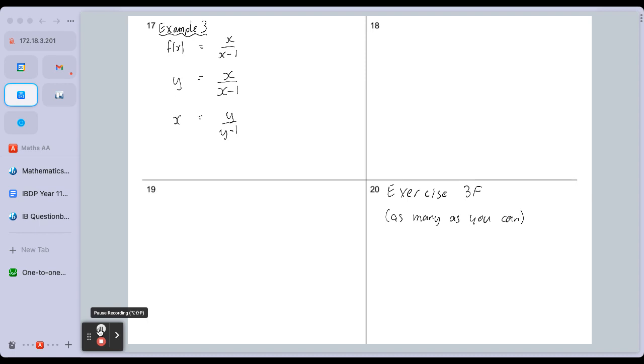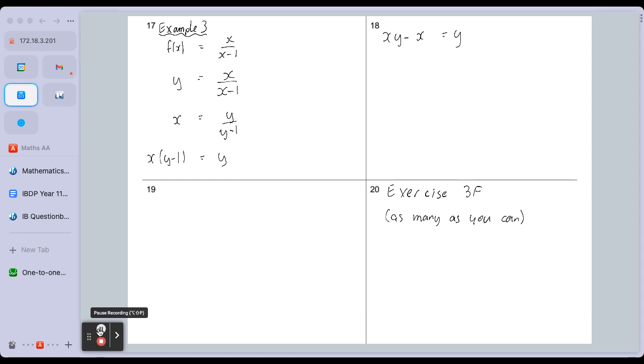Now I'll multiply both sides by y minus 1 to get x outside of y minus 1 is equal to y. Now I can expand that to get xy minus x is equal to y.